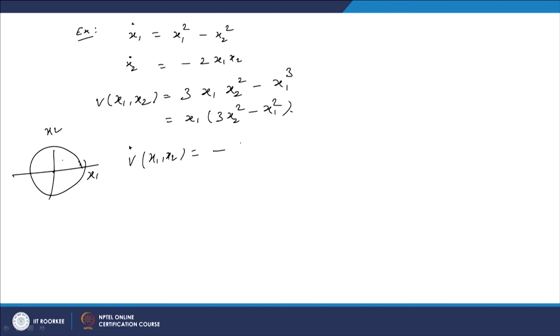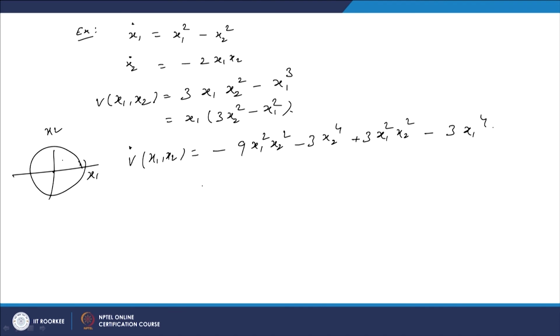After substituting the values of x1 dot and x2 dot after the derivative, we will get an expression like this: 9 x1 square x2 square minus 3 x2 to the power 4 plus 3 x1 square x2 square minus 3 x1 to the power 4.